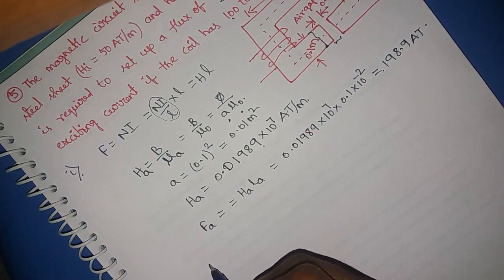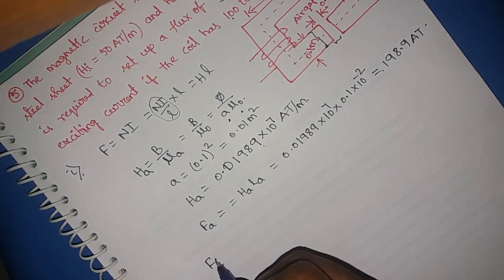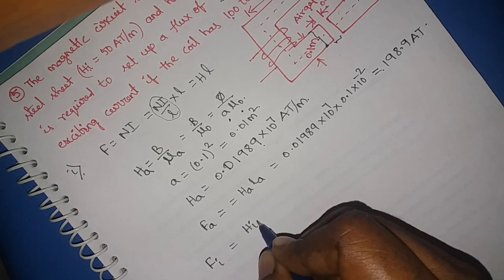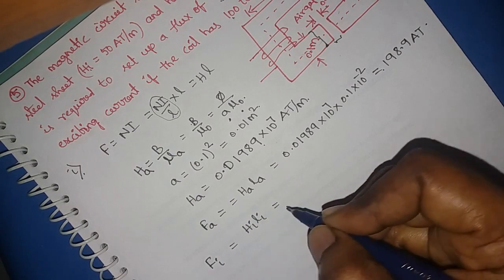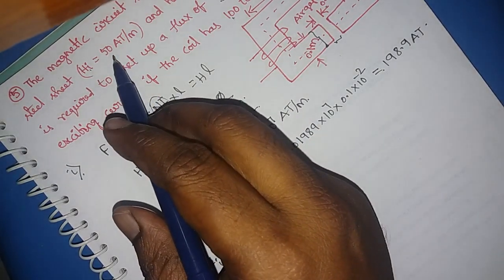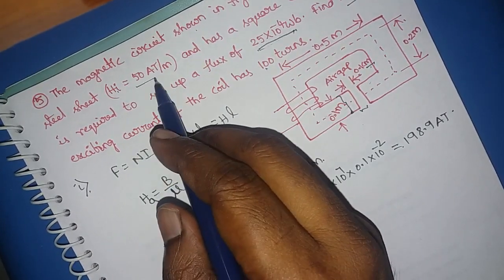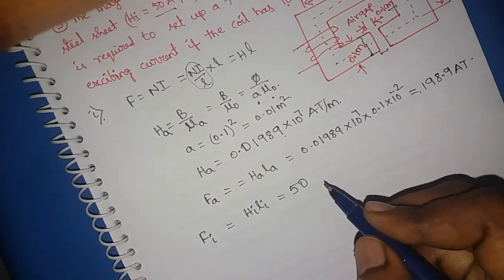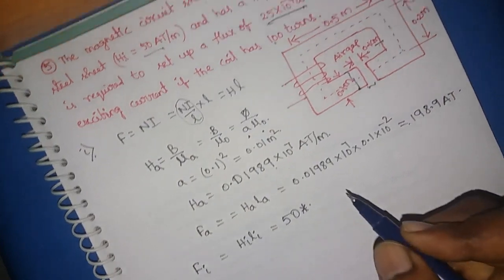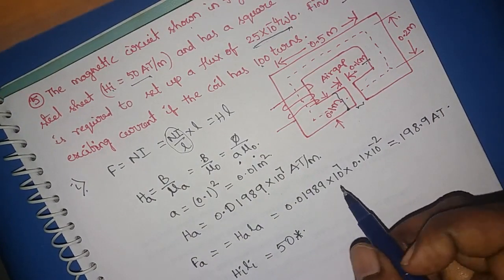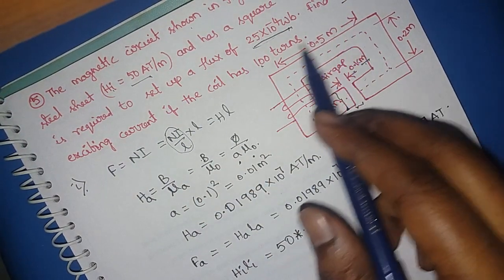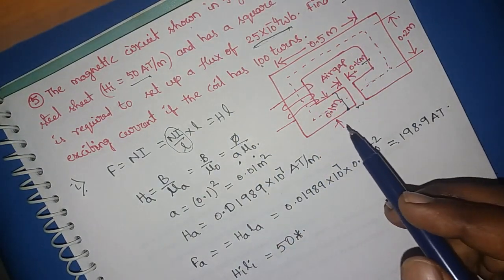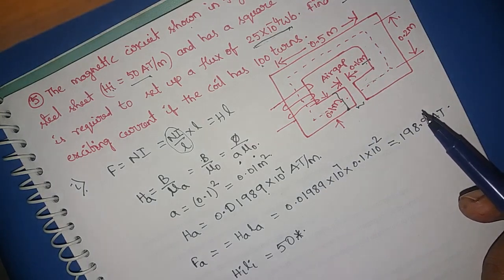Next, what is the MMF of the core? Let it be Fi, which is equal to Hi into Li. Hi is given as 50. And what is Li? Li is the total length of this. How can you calculate this total length?